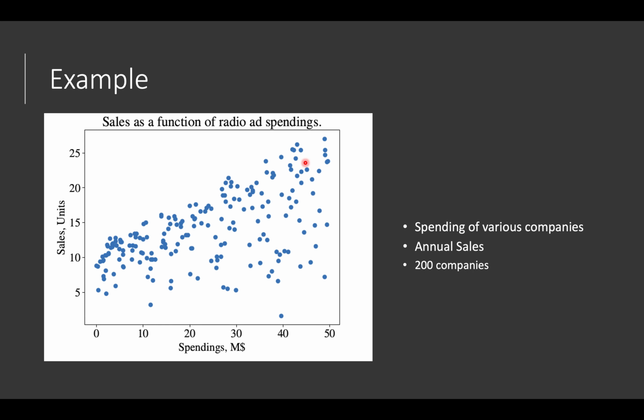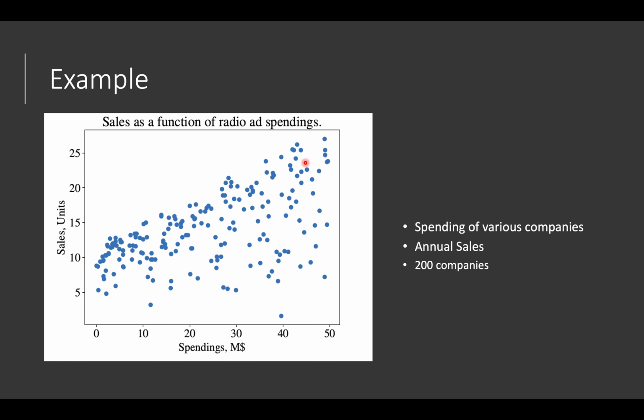Okay, and now let's demonstrate how this works through an example. We used a dataset on the spending of various companies on radio advertising each year and their annual sales in terms of units sold.